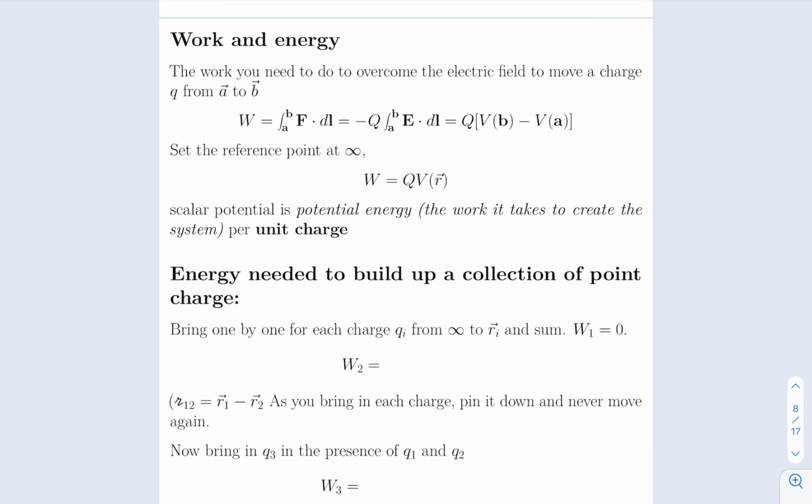If they are far apart, then all the particles cannot see each other, so the potential should be 0, and that's the reference point that we want to set. The final configuration is, say, Q1 located at R1, Q2 located at R2, and Q3 located at R3.